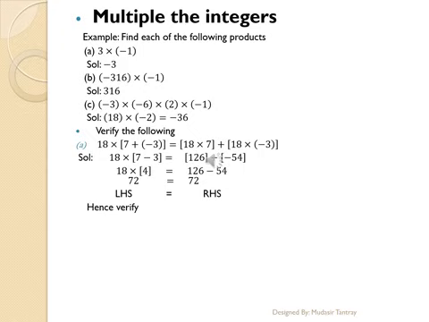The third one is minus 3 into minus 6 into 2 into minus 1. How do you multiply these four integers? First you will multiply the first two, then the second two. We will multiply first minus 3 and minus 6. Here minus into minus is plus, 3 into 6 becomes 18.